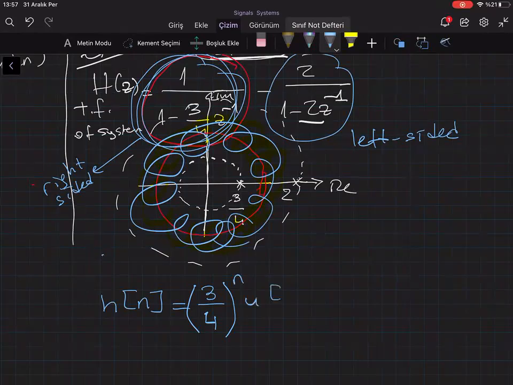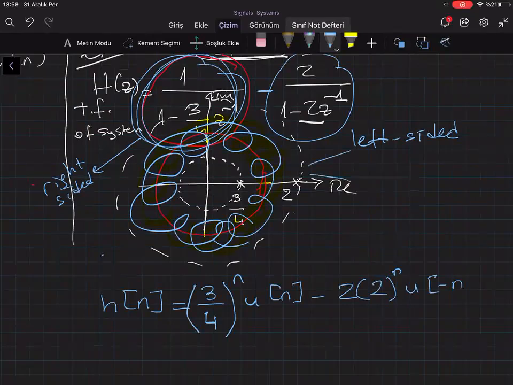How about the other one? Minus 2 to the power n, u of n. If it is u of n, it's going to be right-sided.